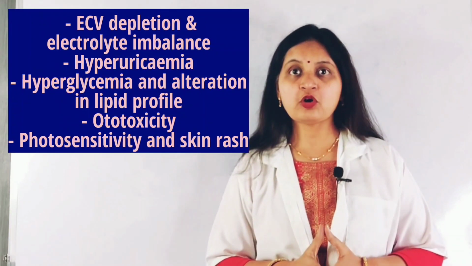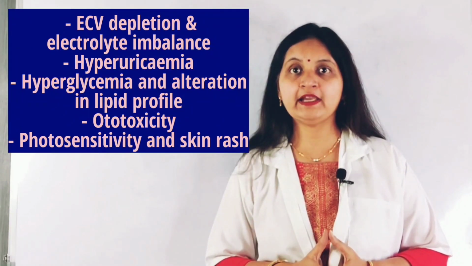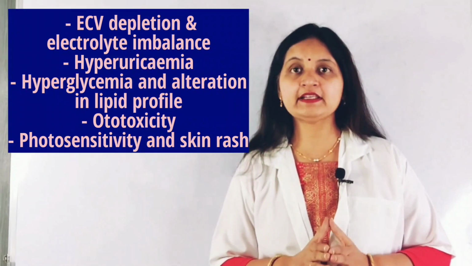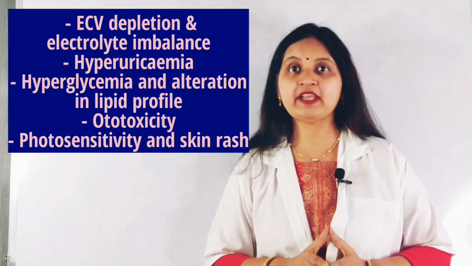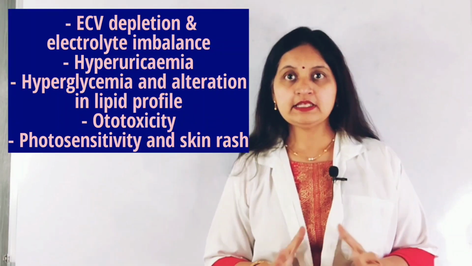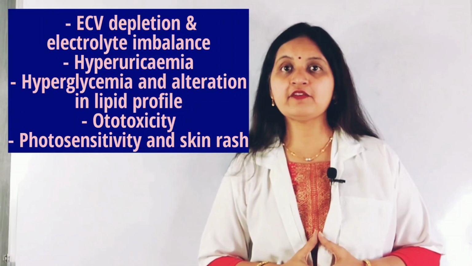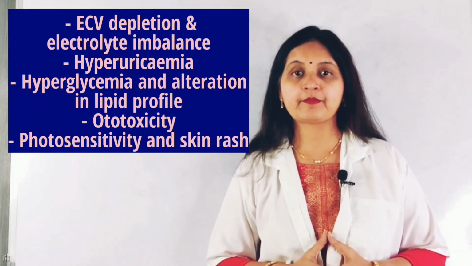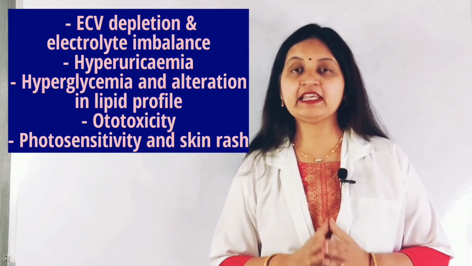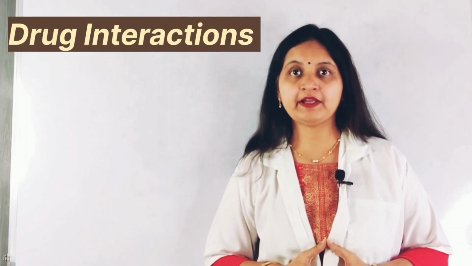Loop diuretics can also cause alteration in lipid profile. They can increase the levels of LDL cholesterol and triglyceride and decrease the protective cholesterol, that is HDL, in the body. This can lead to increased risk of cardiovascular events in the long term. Skin rashes and photosensitivity can also occur with the use of loop diuretics, particularly those which are derivatives of sulfonamides.